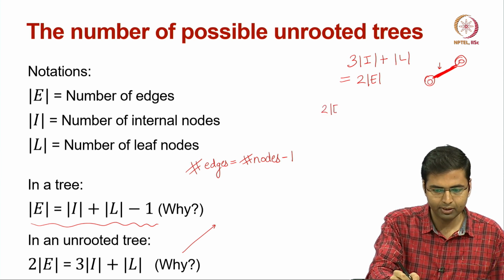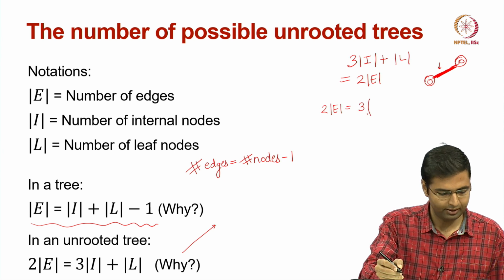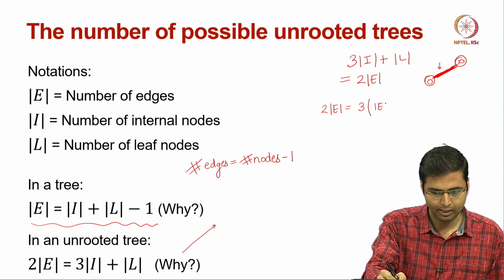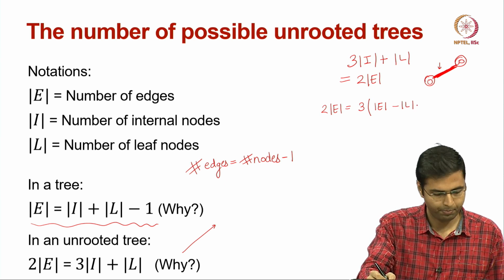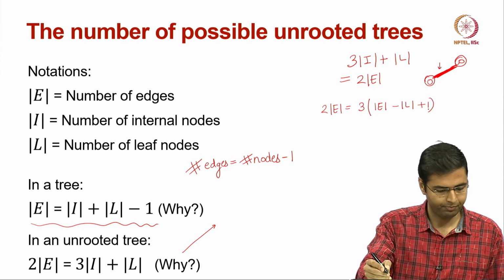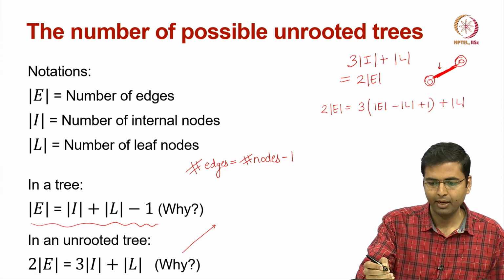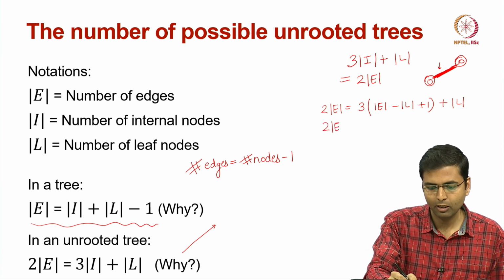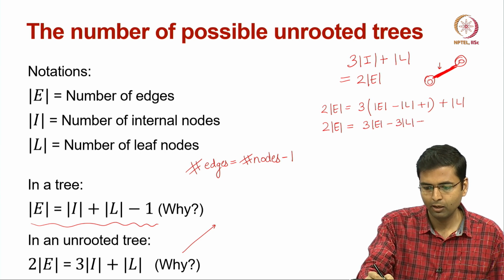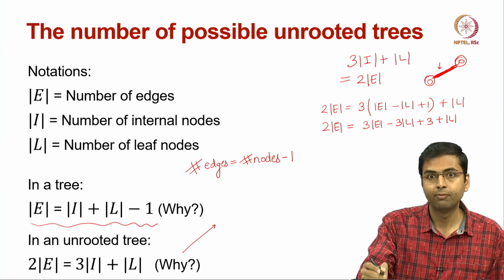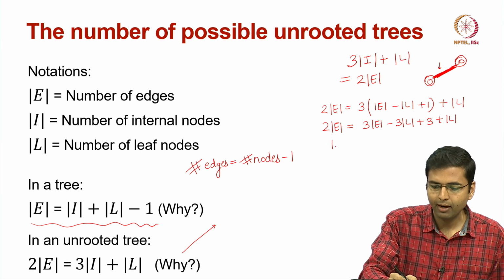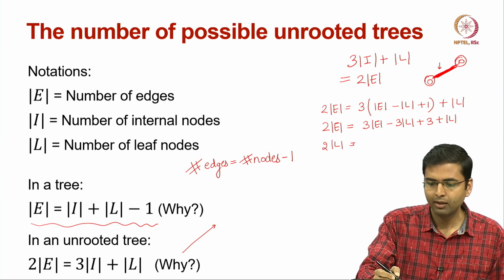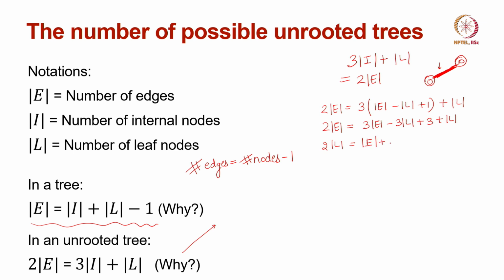I can write 2E as 3 times (E minus L plus 1) plus L, and if I solve this, what we get is 2L equals E plus 3.